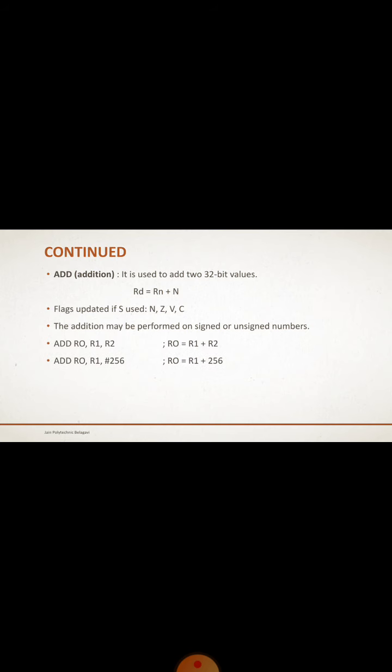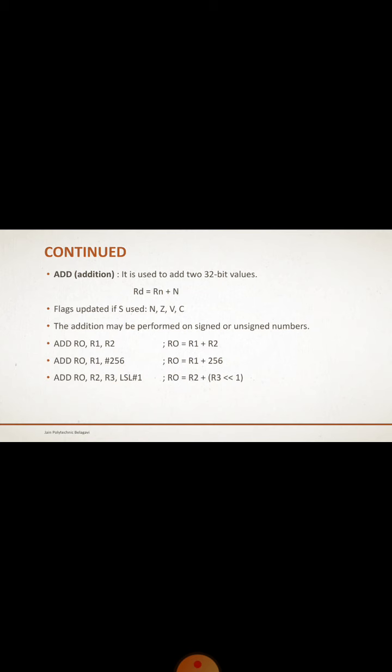The next is ADD R0, R1, #256. In this, first the contents of R1 and #256 will be added and the result will be stored in the destination register, that is R0. In the last example, ADD R0, R2, R3, LSL #1.